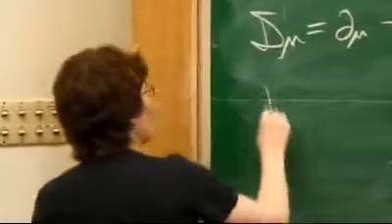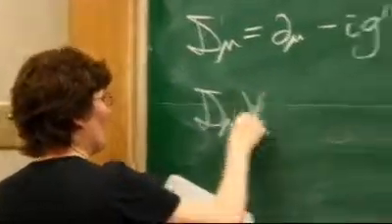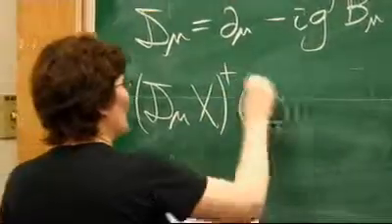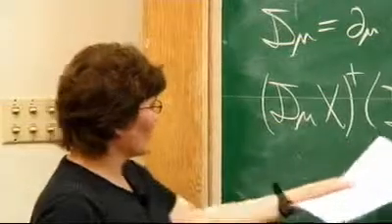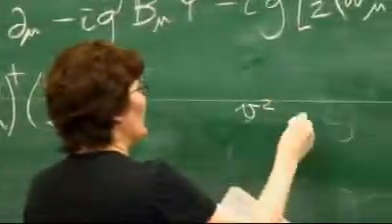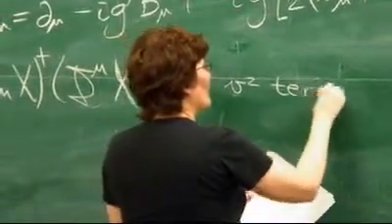Let me look at the generic D mu X dagger D mu X type term, where X is some SU2 scalar multiplet, and I'm going to be interested in the v squared term. So I'm only going to take the vev of that thing.